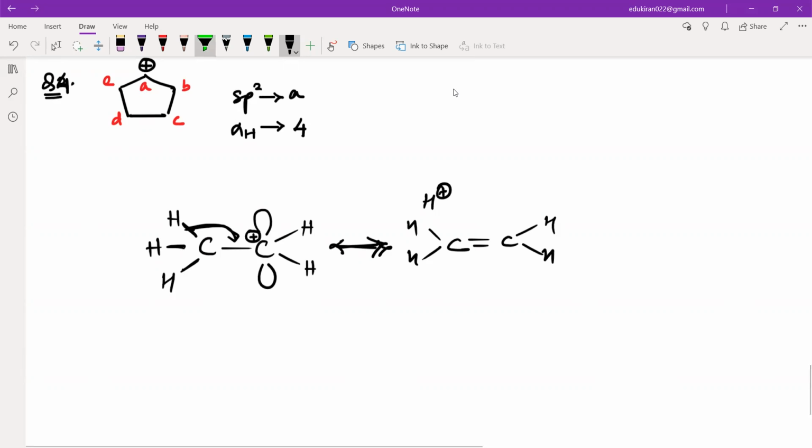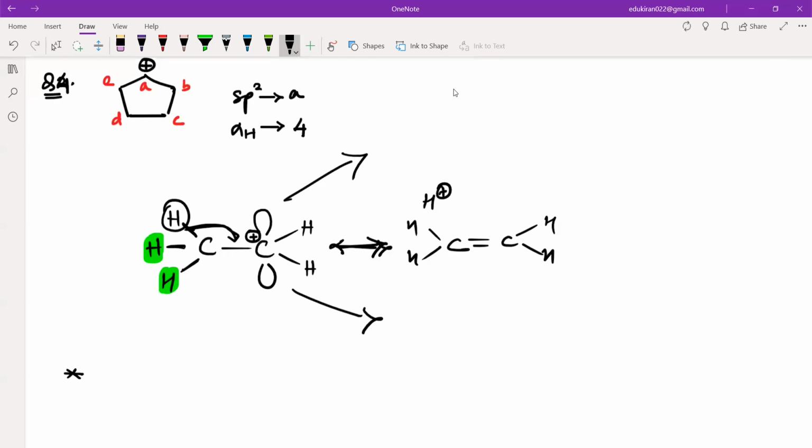Since here in this structure we have 3 hydrogens, all of these hydrogens can one by one take part in hyperconjugation, and we can get 3 structures. As we have drawn one structure from this hydrogen, we can draw 2 more structures using those hydrogens. So there are 3 alpha hydrogens, and hence 3 hyperconjugating structures are formed.